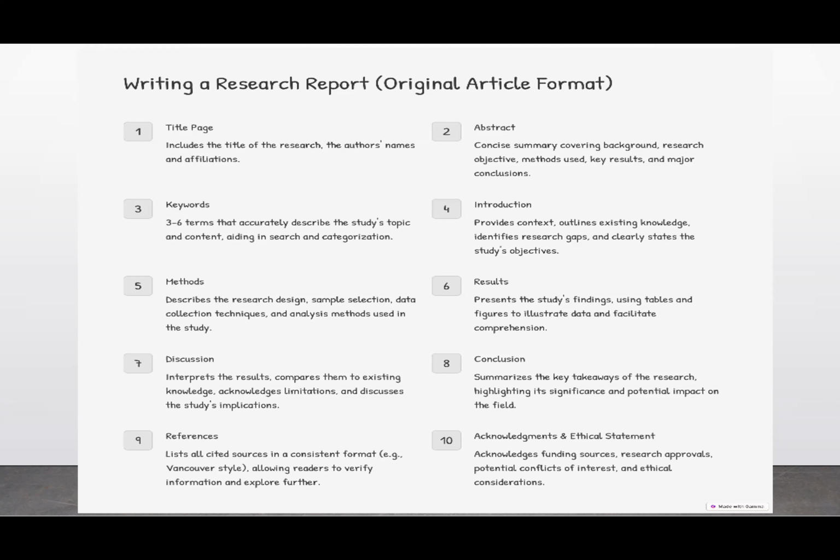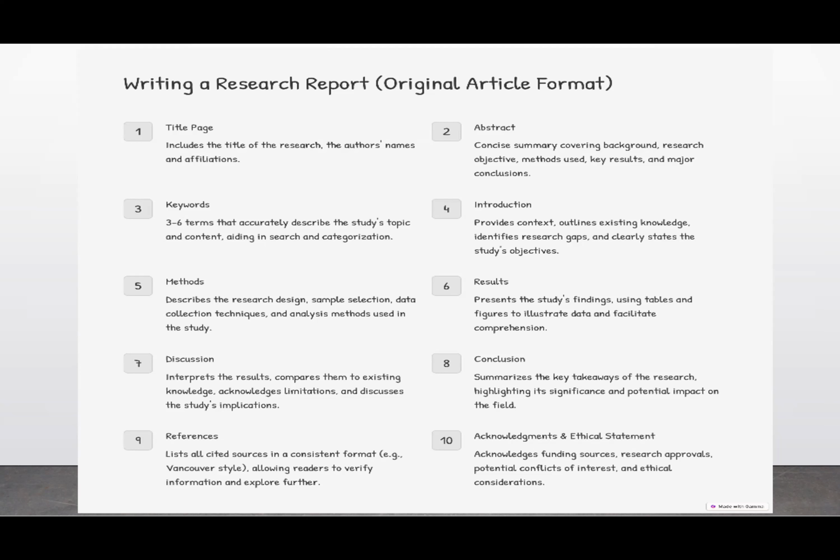In the discussion section, interpret the results, compare them to existing knowledge, acknowledge limitations, and discuss the study implications. The eighth step is conclusion: summarize the key takeaway of the research, highlighting its significance and potential impact on the field.